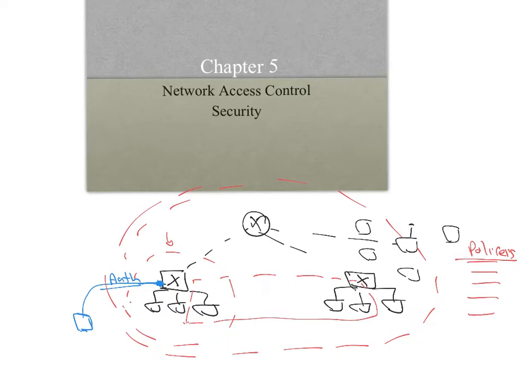So there are certain policies based on which I will give access to a particular node or device to the physical parts of the network only if the physical port is authenticated. Okay? So first we authenticate, and then we give access to specific parts of the network based on certain policies.